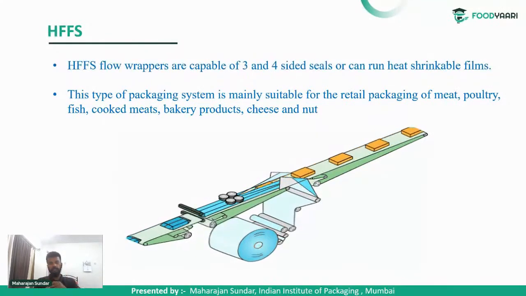Generally here, for example, consider the image. The products coming are sweet boxes, already packed sweet boxes. Below the sweet boxes there will be an unwinding layer which unwinds the packaging material, and it folds into a cover. Firstly the fin seals are made, then the bottom end seals are made.